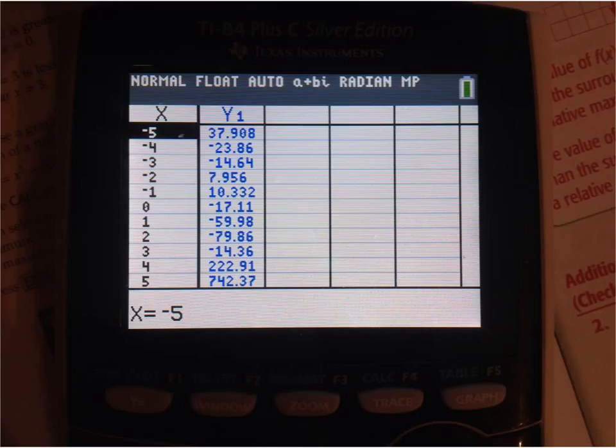The next part of this section talks about locating the zeros of a function while looking at the table.